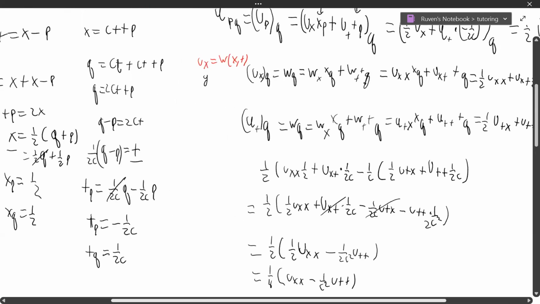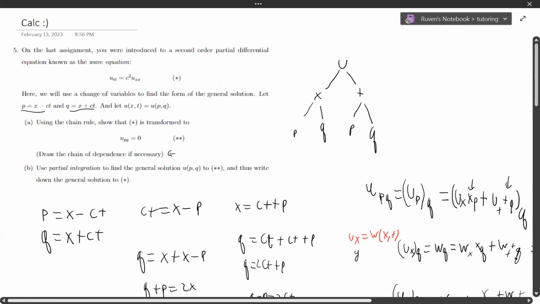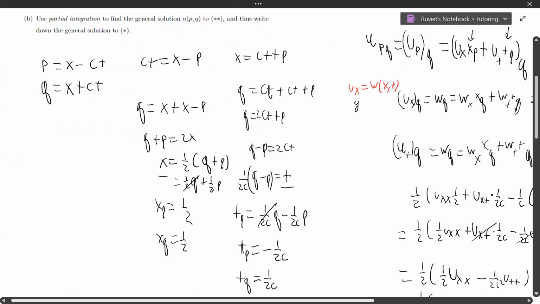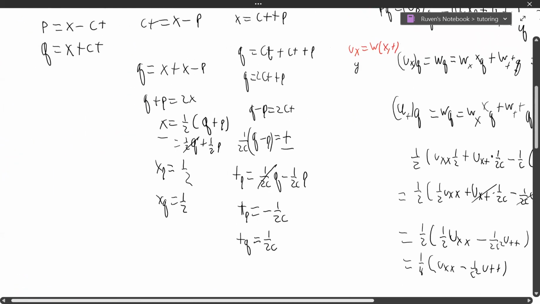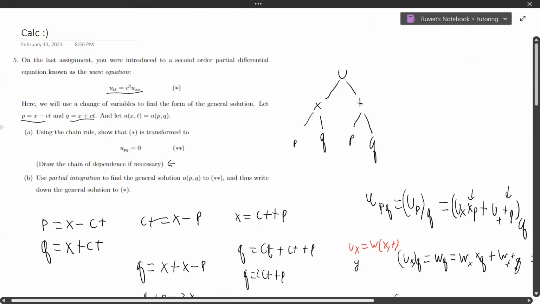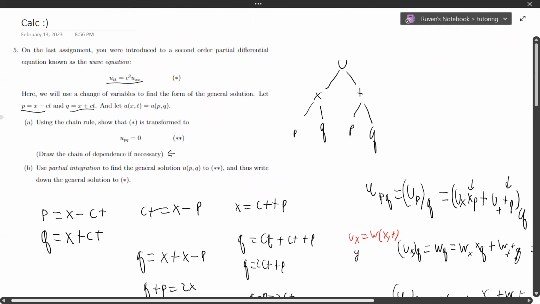And now we're going to go back up quickly. We see that utt is equal to c squared uxx. So that means that 1/c squared utt is equal to uxx, right?